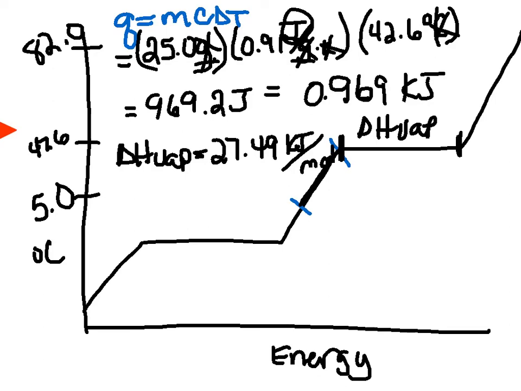I don't know how many moles I have, but I know that I have 25 grams of the substance. So I'm going to have to change that from grams to moles.